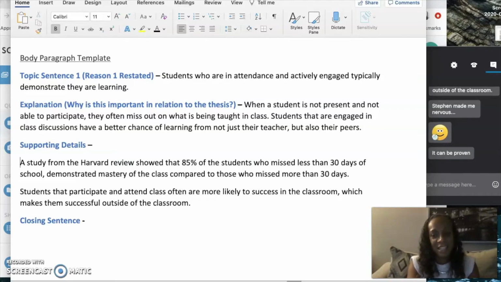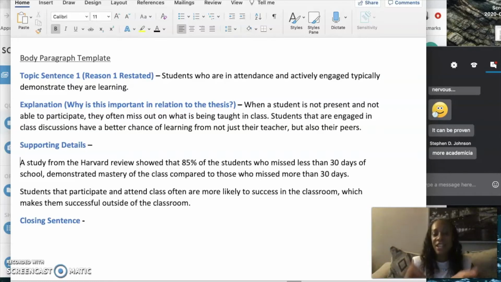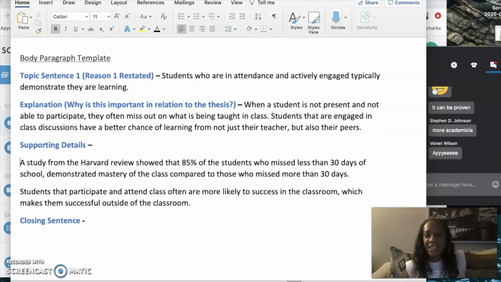Because I have you guys thinking hard. More. Okay, so what I'm looking at is that they go together. Great minds think alike. Do you see how they flow together? Or is it just me that's seeing this? Yes, Velvet, yes. So even though Stephen hit us with the statistic, what his statistic does is it expounds upon the sentence that you gave us.